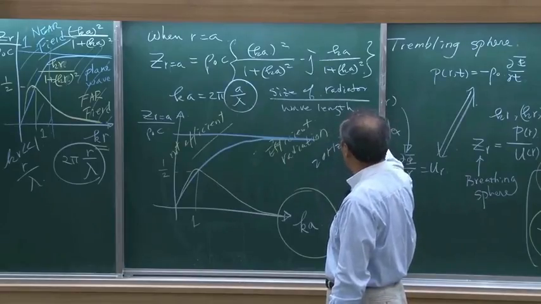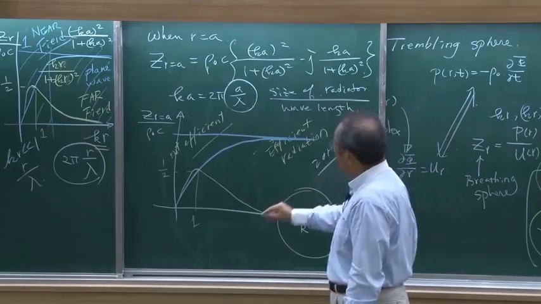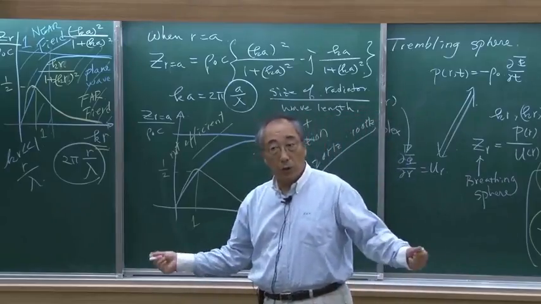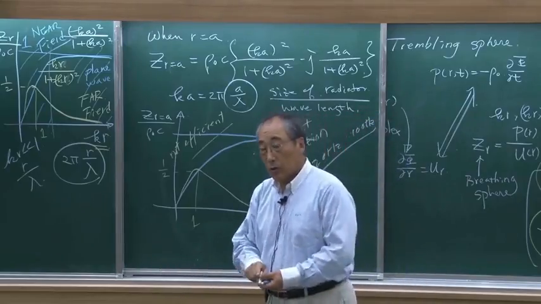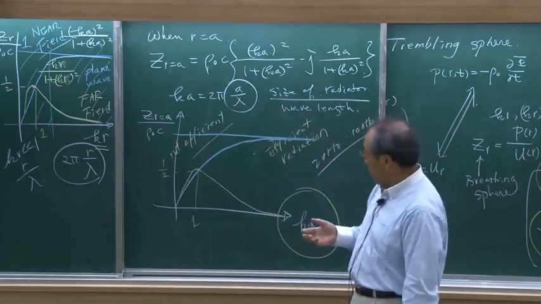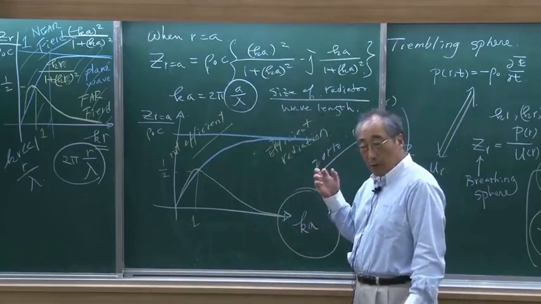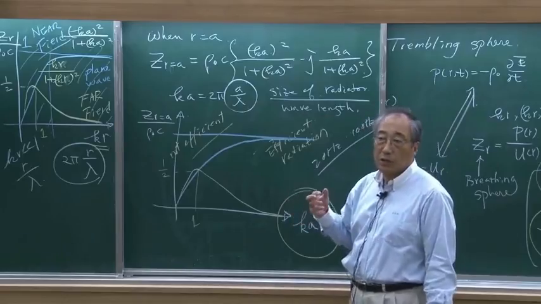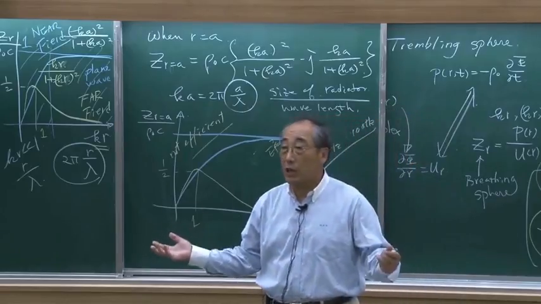The wavelength is so large. So to make an efficient radiator, we have to go to this region. That means the radiator has to be very large.